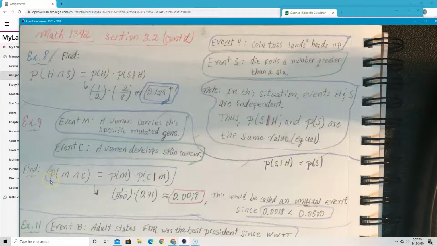Question, find the probability that event M and event C occur. They're not saying that you randomly pick a woman and it's going to happen. They're saying, what's the probability you randomly pick a woman from the population and that woman has the mutated gene and has developed skin cancer?